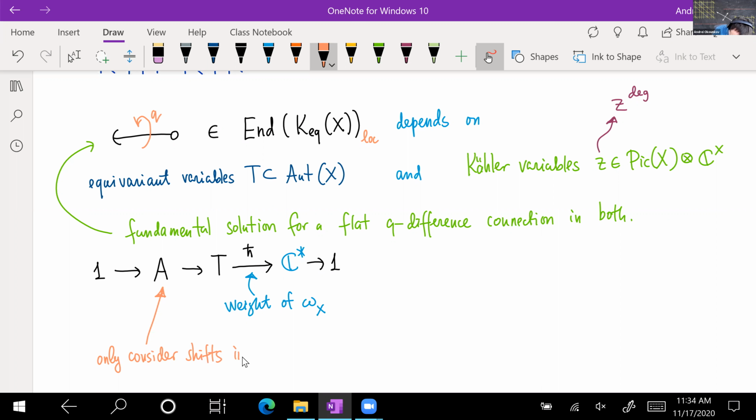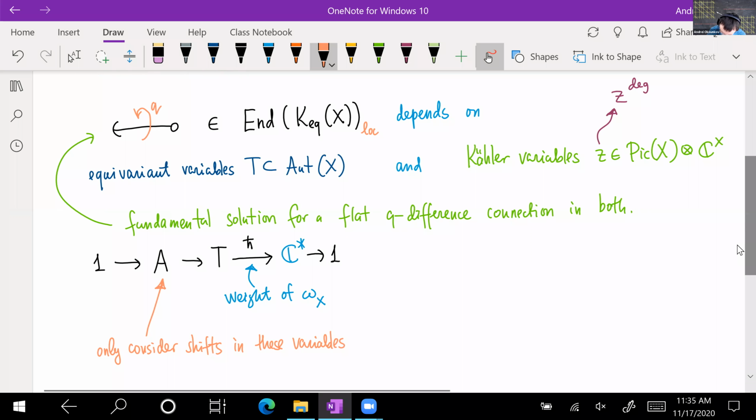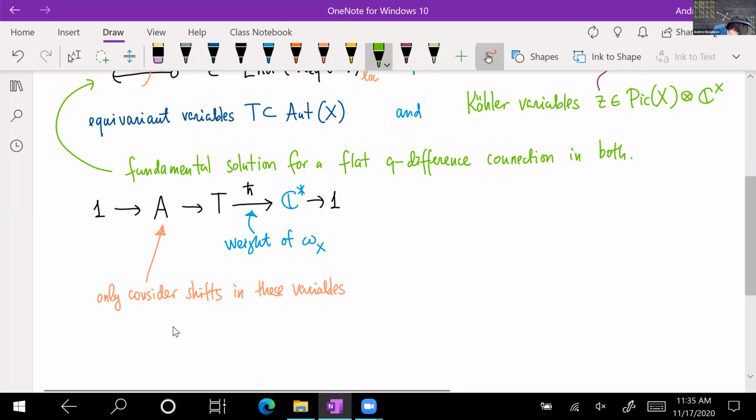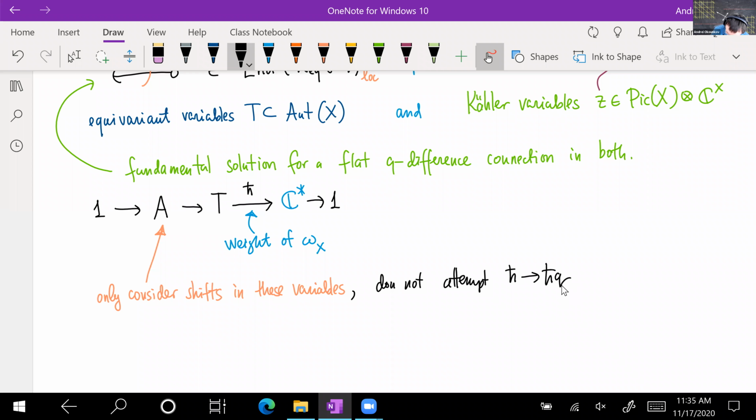So we do not attempt to take h bar and send it to h bar times q.